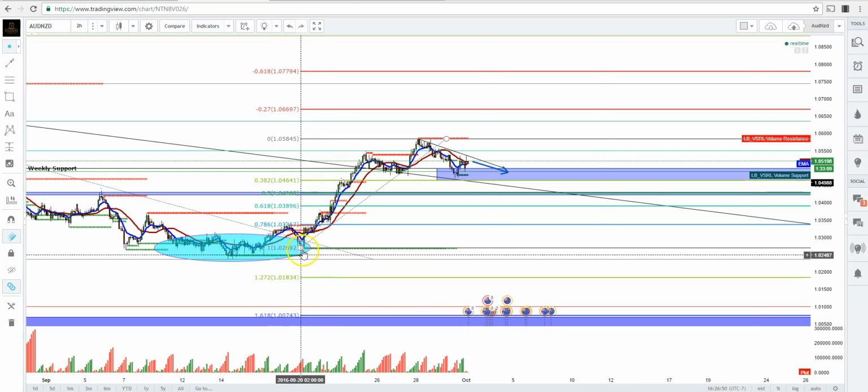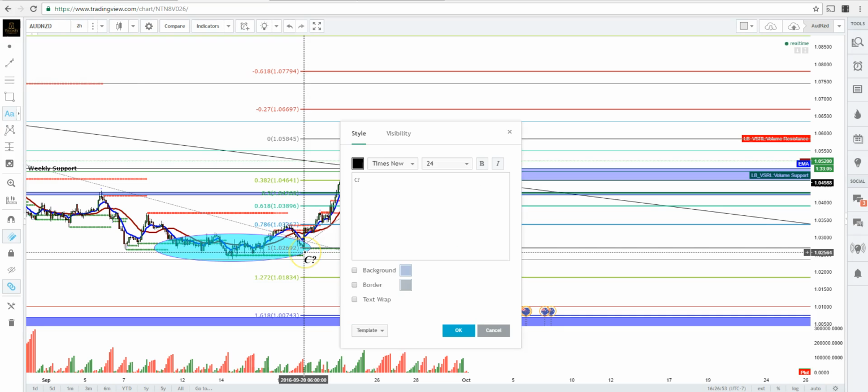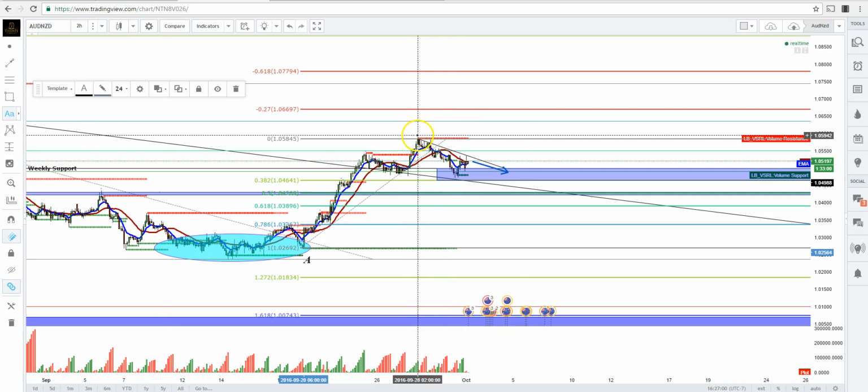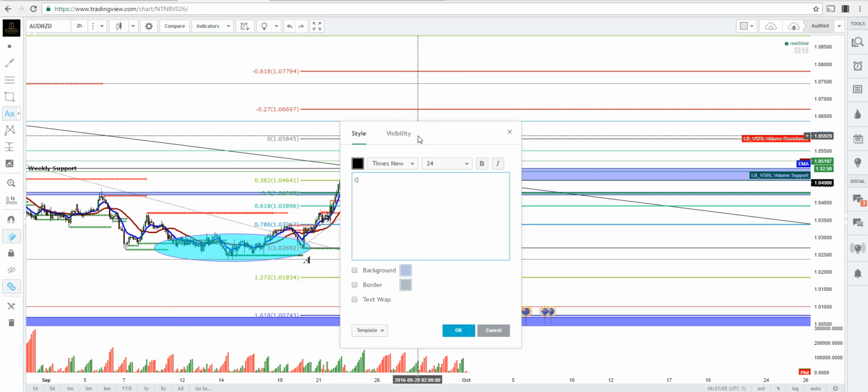Now, like I said, I'll measure this leg right here. This will be my A leg. This will be my B leg.